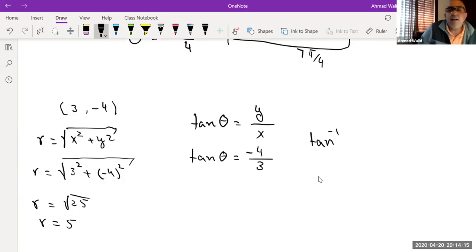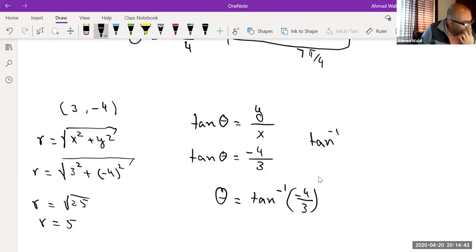But even if I ask you, okay, what is theta here? You can write this way. My theta is inverse tan of -4 over what? 3. But look at the point, (3, -4), and your r is 5.